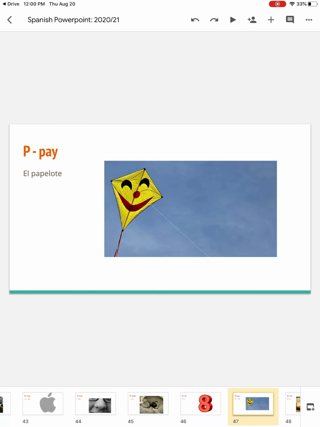P is pronounced "pe." Pe. And then our Spanish word for kite is el papelote. El papelote.